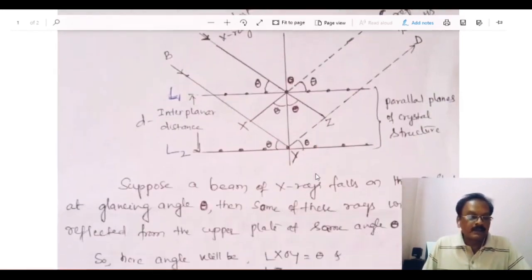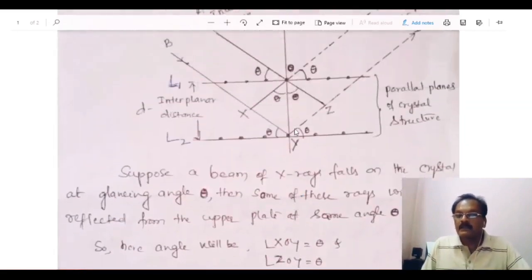The reflected rays OC and YD may be in phase. The extra distance XYZ traversed by the ray BY should be an integral multiple of the wavelength lambda of the ray.